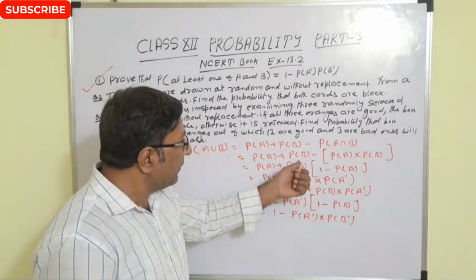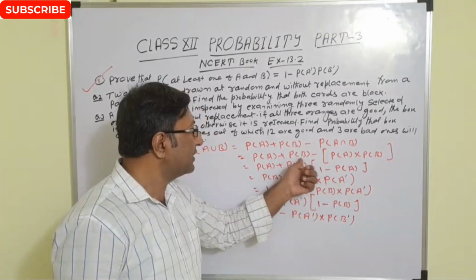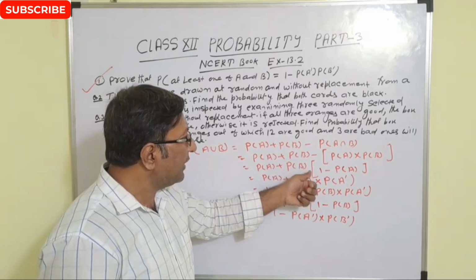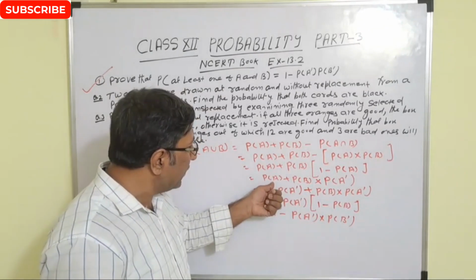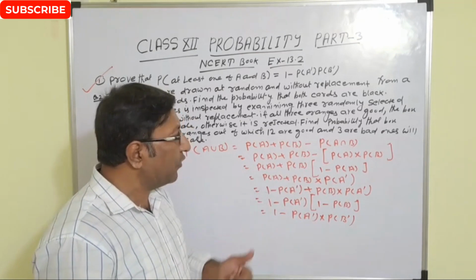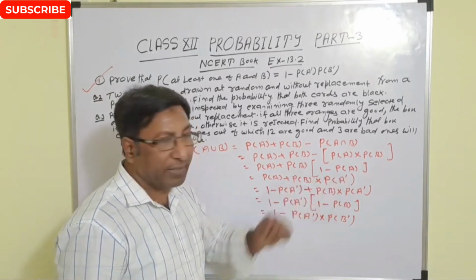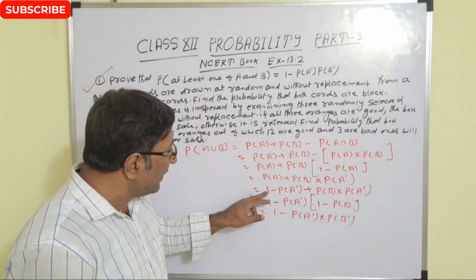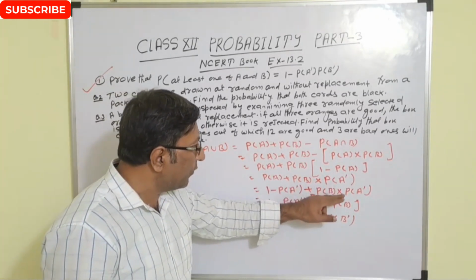Now you see here probability of B and here also probability of B, so we can take common from this and this. When we take common, plus probability of B, here we get 1 minus probability of A. Now probability of A plus probability of B into 1 minus probability of A, which is probability of A naught. Now probability of A can be written as 1 minus probability of A naught, plus probability of B into probability of A naught.